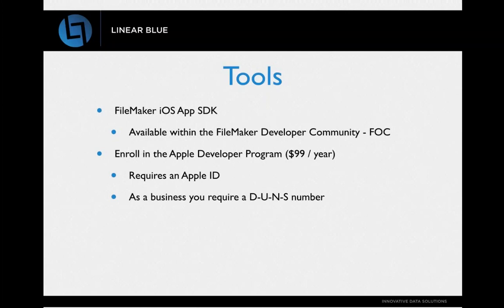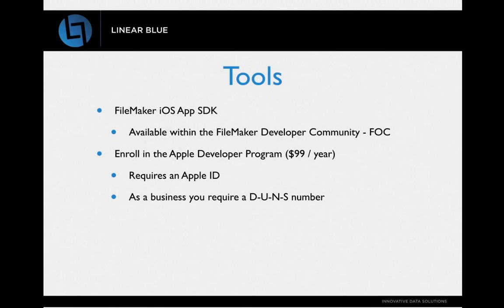The next thing you're going to want to do is enroll in the Apple Developer Program. Now, this does have a charge. It's $99 a year. It requires an Apple ID. This is probably the same one you would log into your iTunes with. And if you're going to register as a business rather than an individual, then you'll also need something called a DUNS number.